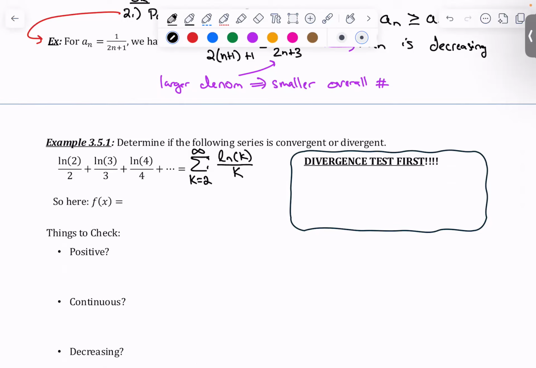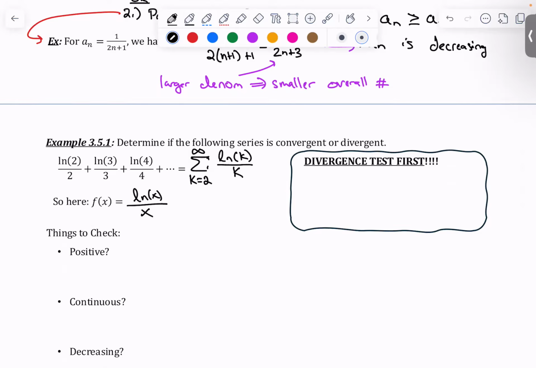You could also write it as the series from k equals 1 to infinity of ln of k plus 1 over k plus 1, or you could start it at 3, however you want to write it, but this would probably be the best choice. So here, f of x is equal to ln of x over x.